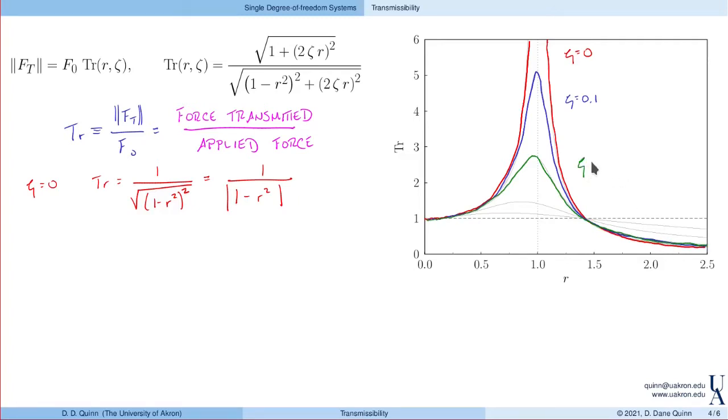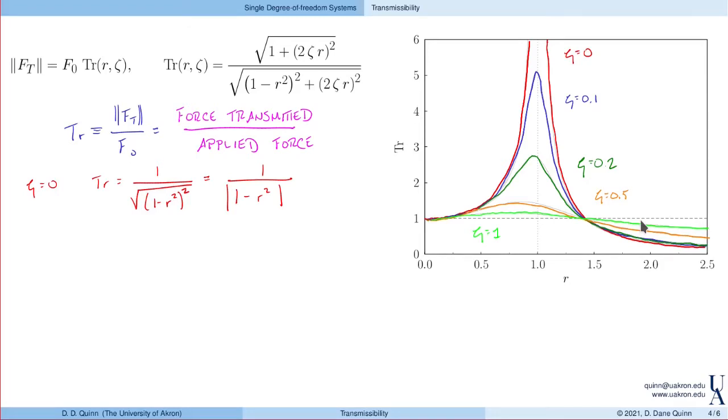Green is for zeta is equal to 0.2. Oh, let's do orange next. Orange is zeta is equal to 0.5. And then finally, if I increase zeta to 1, actually we get a curve that looks like this. Further increases to zeta, basically you can see what's happening. Down here, this basically levels out, kind of shallows out down here as well.